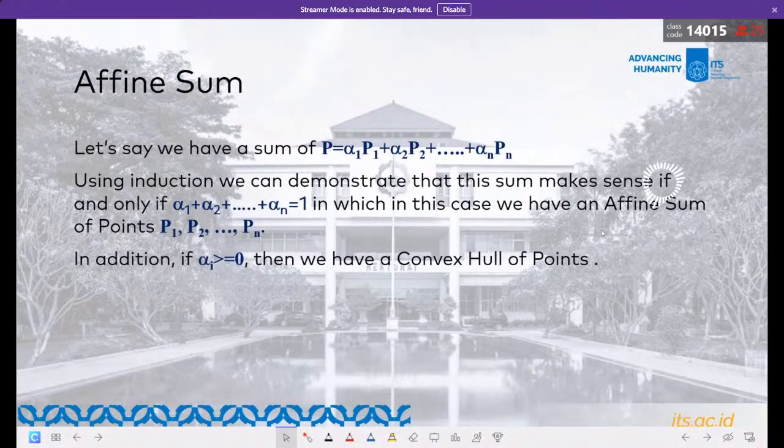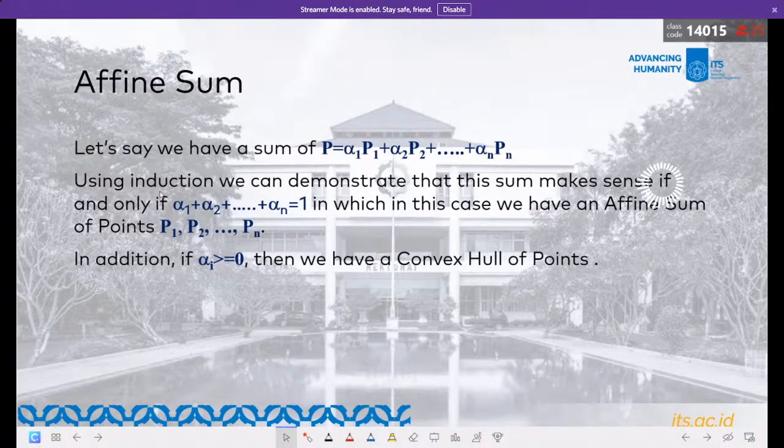Now, yet another affine concept. Back then we had an affine space. Now we have an affine sum. What is an affine sum? Let's say that we have a sum P equal to alpha 1 multiplied by P1, plus alpha 2 P2, plus and so on up to alpha n Pn.